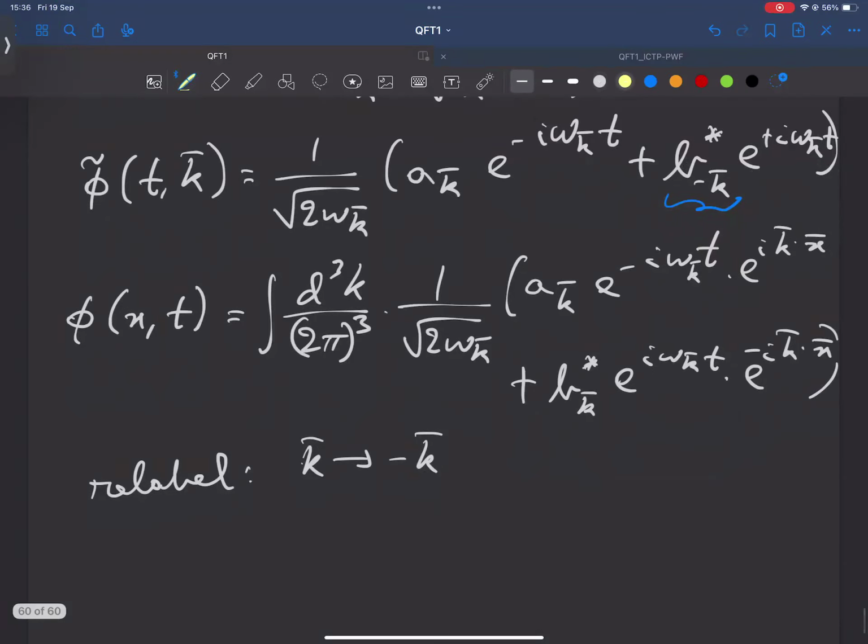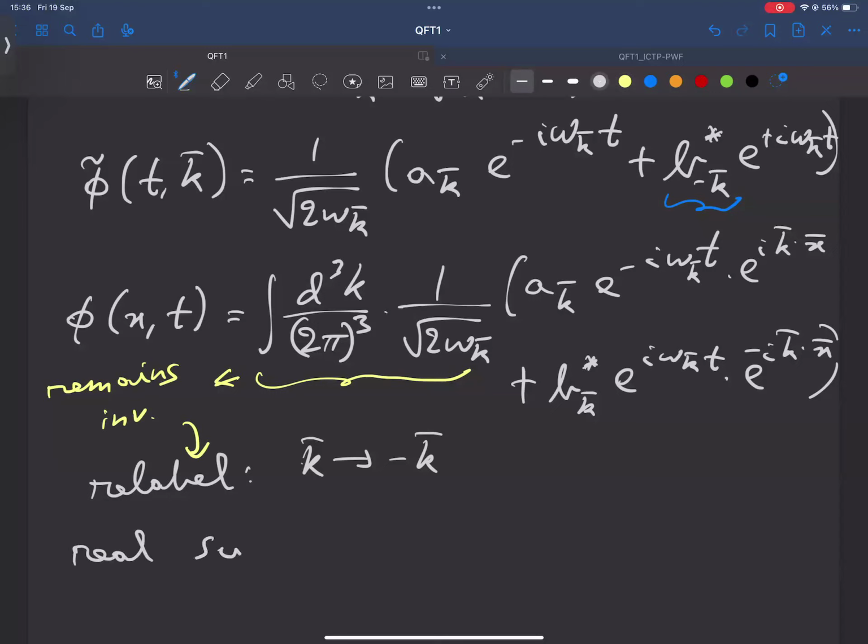So as an exercise, if you are not convinced, you can show that this remains invariant under this relabeling of k to minus k, okay? And that's why you are allowed to do that. Now, when you are dealing with the real scalar field, when you do the exercise on the real scalar field, there you will have a relation that these B oscillators that we are writing are actually the conjugate of A star.